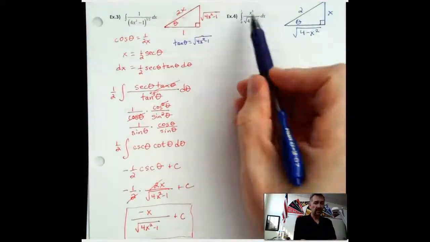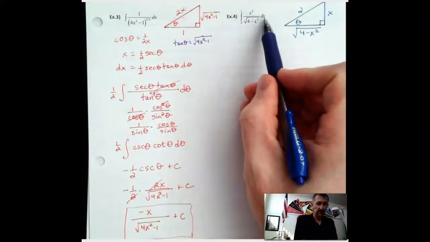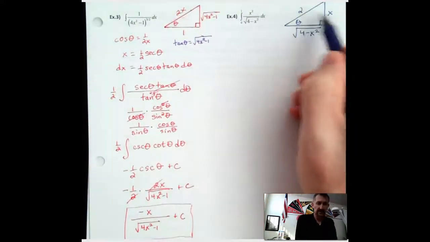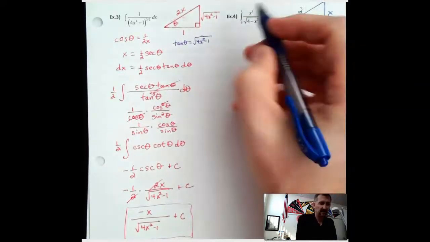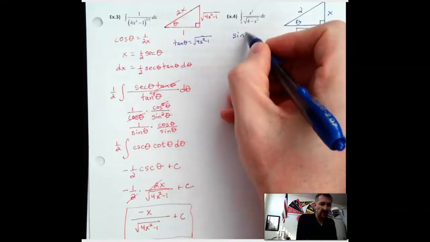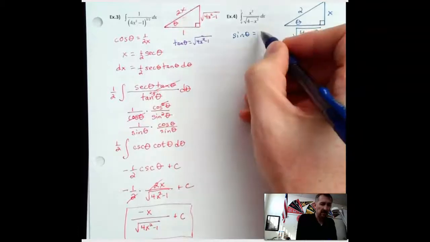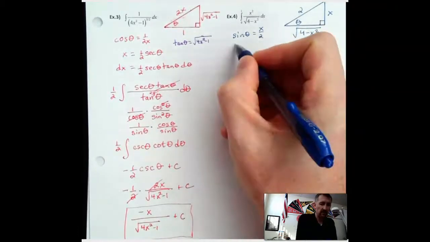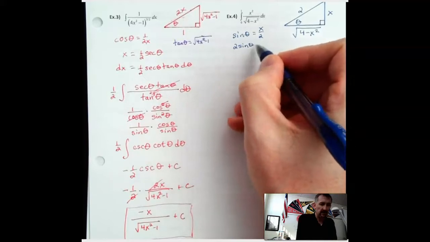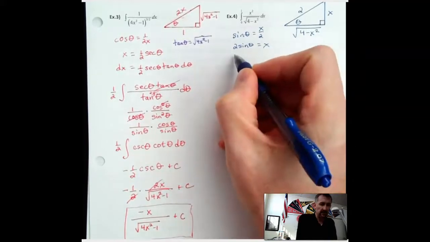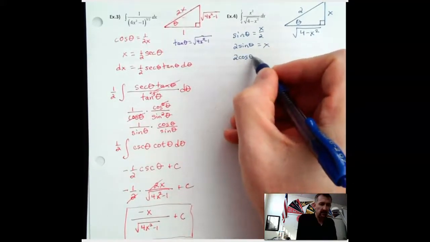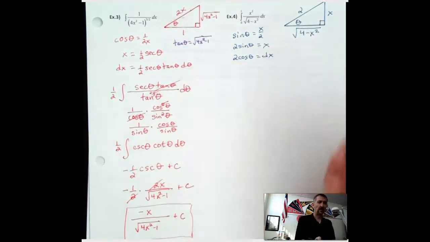Okay, so we have an x, we want to get rid of that, we want to get rid of the dx, so let's find x first. The easiest way to find x would be sine. Sine of theta is going to be x over 2, so x is 2 sine theta. And if we take the derivative of that, that's going to be 2 cosine theta.